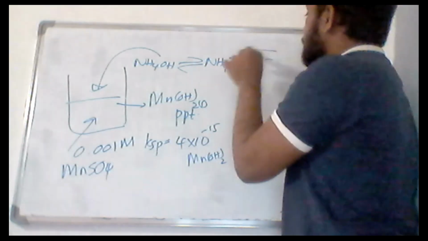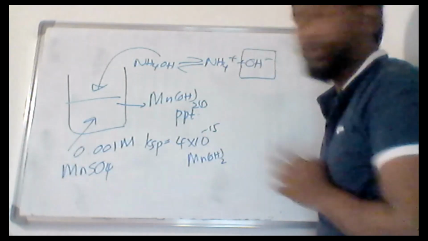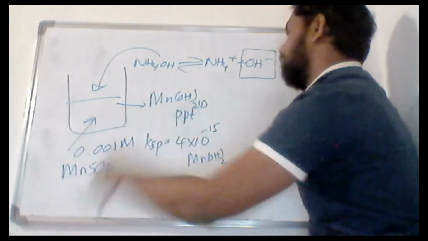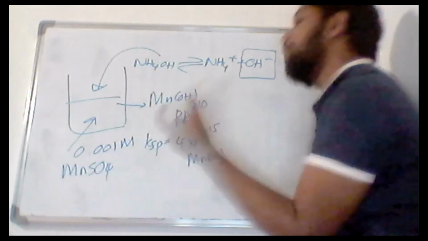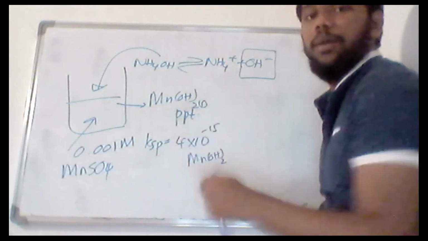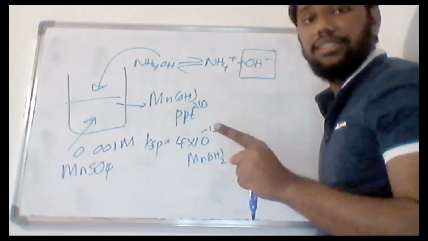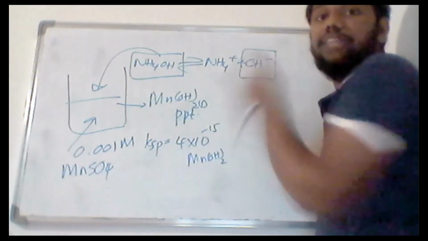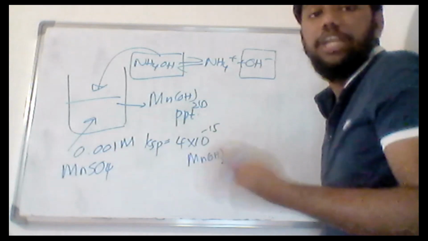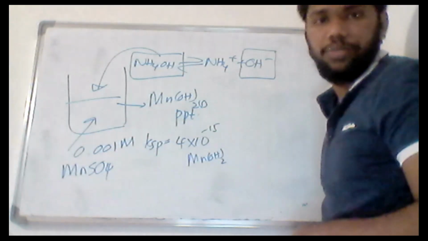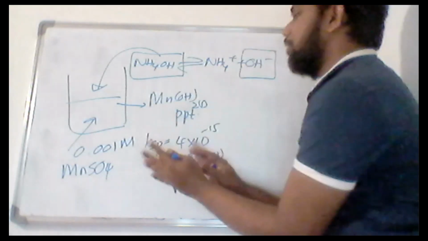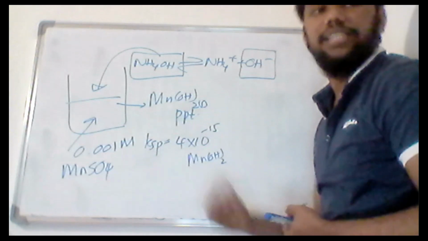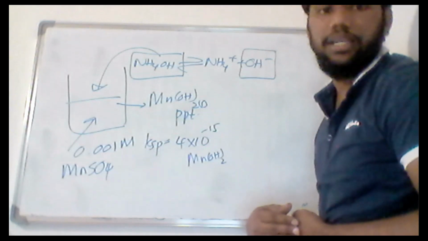The OH minus concentration you can find using this Ksp and the manganese 2 plus concentration, because that is the minimum amount needed to precipitate. But in the question, they are asking about the concentration of NH4OH that you should use to precipitate out. So the first thing is to find the minimum OH minus concentration necessary in order to precipitate manganese hydroxide.